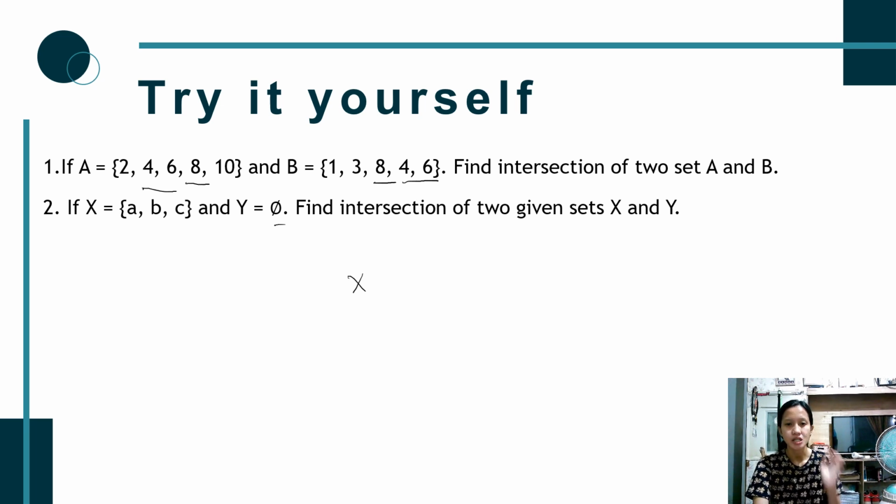So X intersection Y is equal to the null set. There are no elements common to both. So the intersection of two given sets, given that one set is a null set, is a null set also. The intersection is empty, not zero, but a null set.